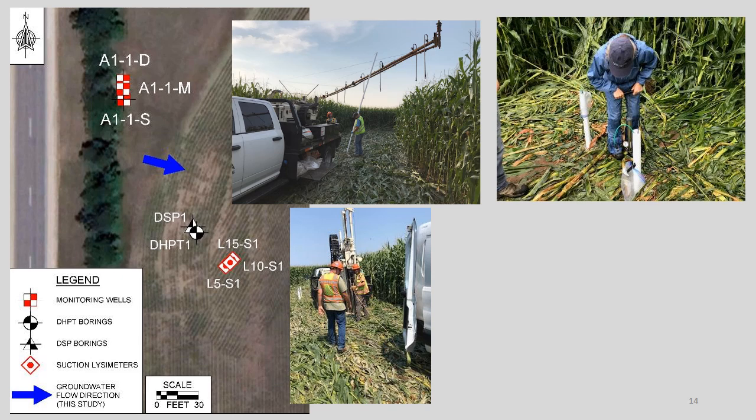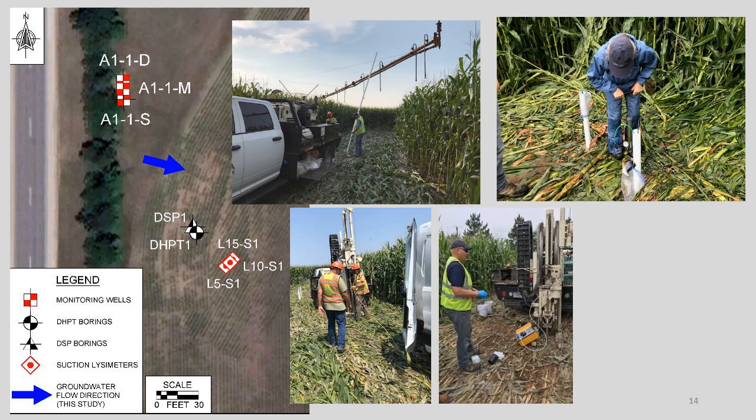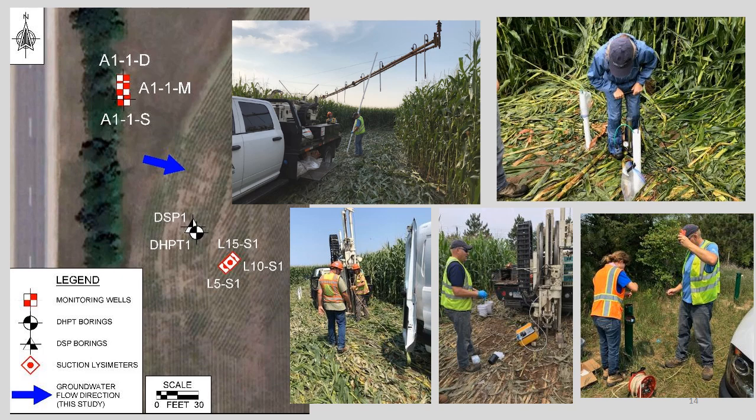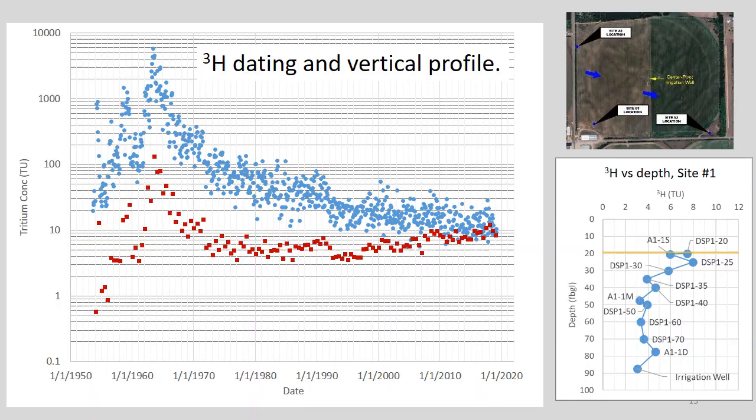So we're trying to look at the geology there. These are our DSPs, very close together groundwater samples with depth. And we also did sampling of the conventional wells and hydraulic conductivity.